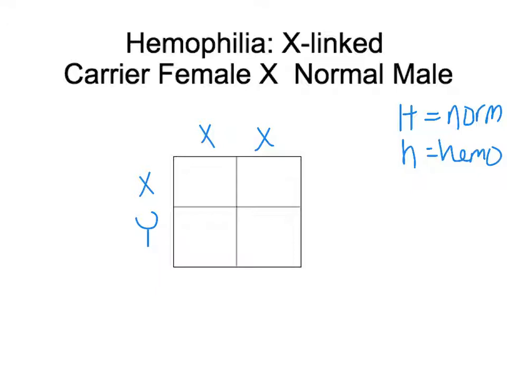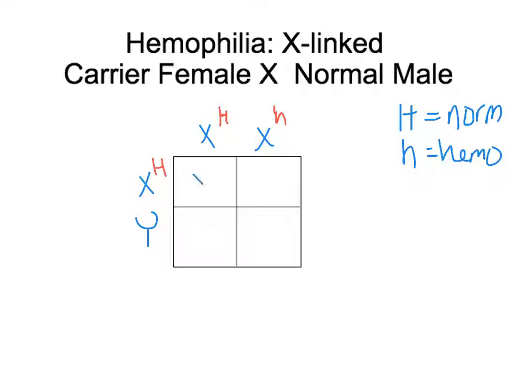In this case, we're assigning alleles for a carrier female and a normal male. So the mother is a carrier. We assign one dominant allele here, and she has a lowercase allele indicating the disease hemophilia. For the father, he's a normal male, so I'll write a large uppercase letter here, but only one. It's only found on the X chromosome, not on the Y.